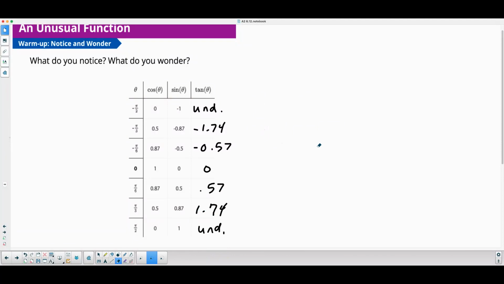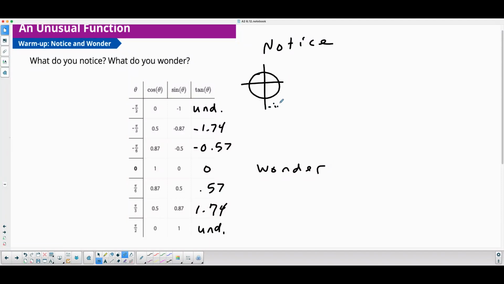Okay, so notice and wonder. So let's come up with some notice. Let's come up with some wonder. Okay, so I would say I notice that I don't do a full circle. I only do half a circle. Your unit circle here, negative pi over 2, pi over 2, that's just this section right there. I don't do any of these values over here.